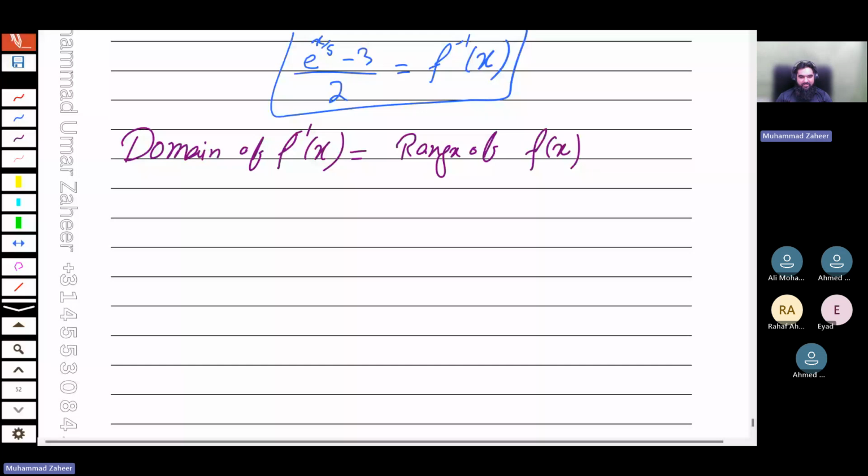We know that the domain of the inverse function is exactly the same as the range of f of x. Perfect. So I'm going to get x belongs to all real numbers, because the range of f of x is all real numbers. Yes, exactly.